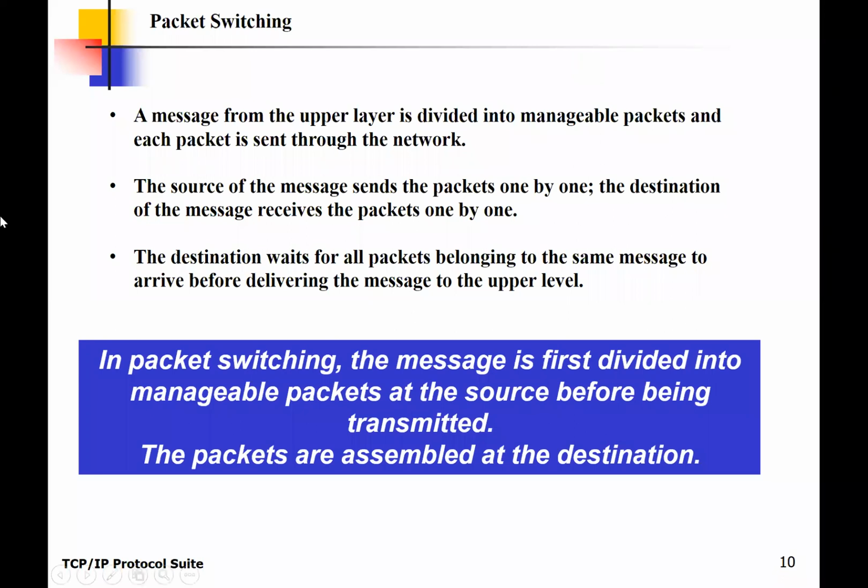So packet switching, as we explained, mainly we divide the big message into small pieces and send them one by one. And these packets may go through different routes. I will give an example. Say I'm trying to deliver a car, or parts of the car.